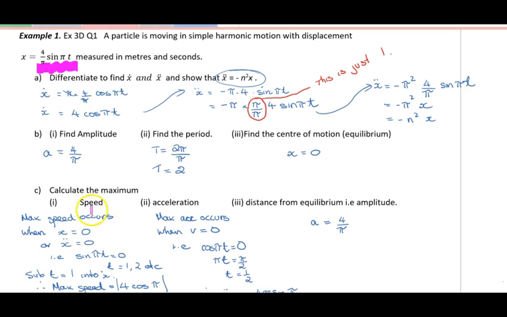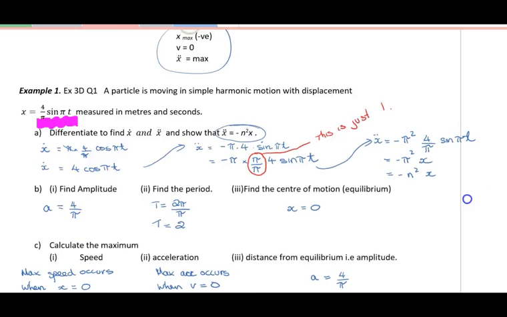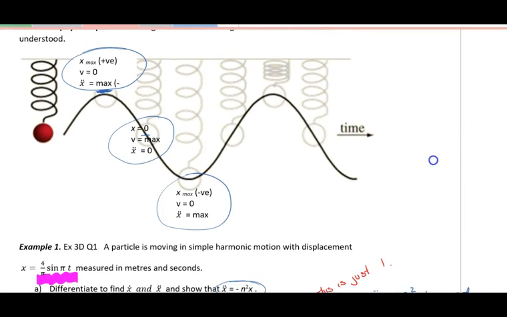Calculate the maximum speed. Now, what do we know about maximum speed? Maximum speed occurs in here. What else is going on with speed at that point? What's going on with these other aspects? Well, we've got that displacement is 0 or acceleration is 0.